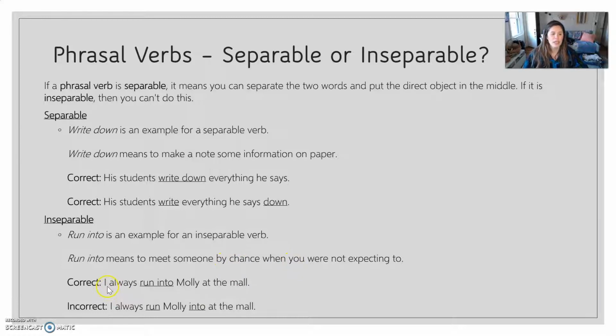Since it's inseparable, we can't separate the preposition from the verb. So we have to say, I always run into Molly at the mall. Okay? Molly is the object of this verb. Because it's inseparable, I cannot say, I always run Molly into at the mall. Right? This would be incorrect. It's not possible.